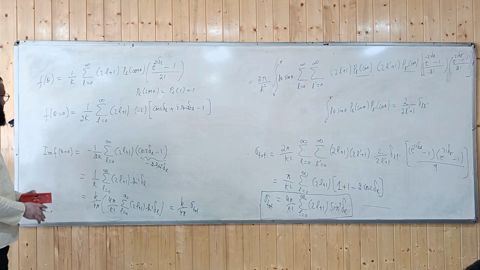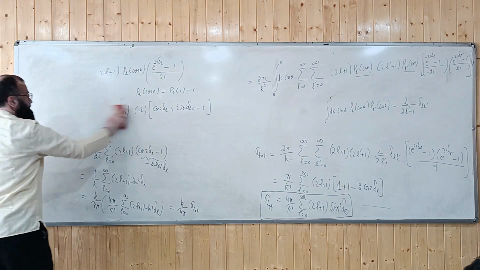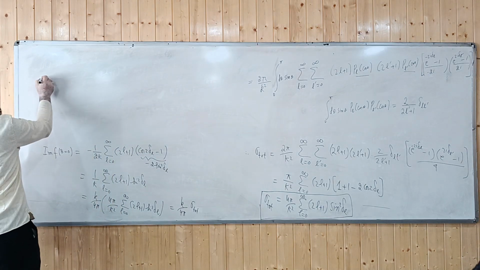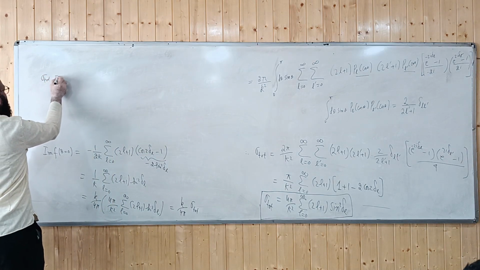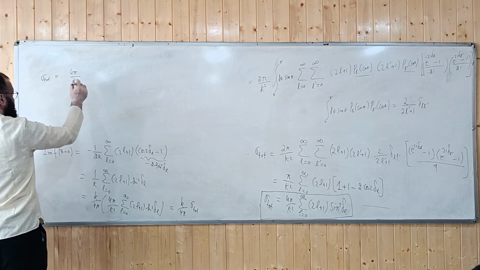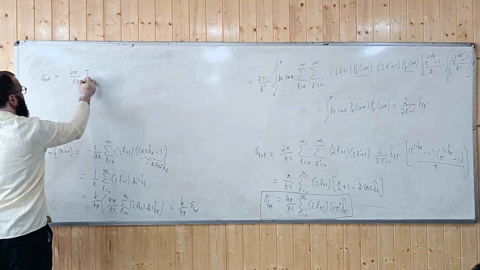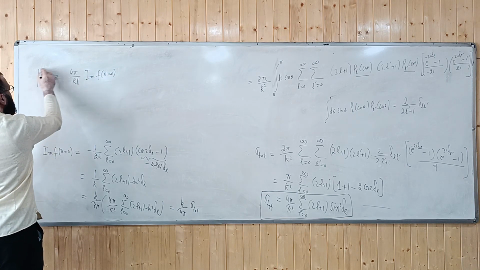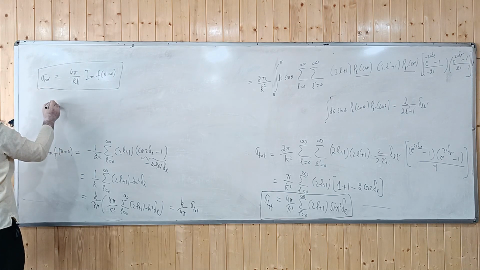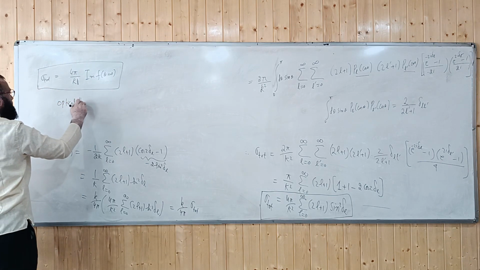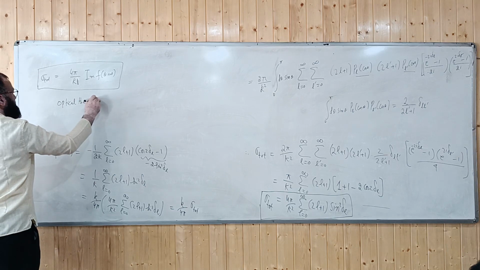Okay? So in other words, the total scattering cross section, in the forward direction, you can calculate it this way. So 4 pi by k, imaginary of f. We call this the content of the optical theorem.